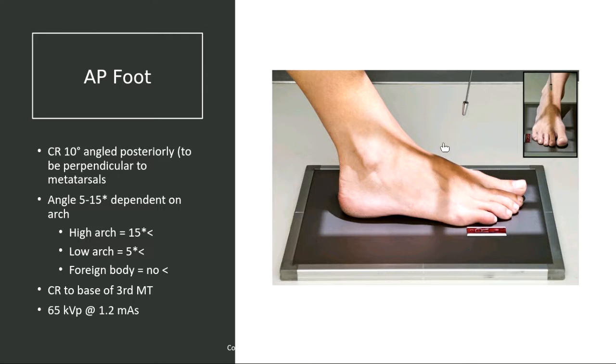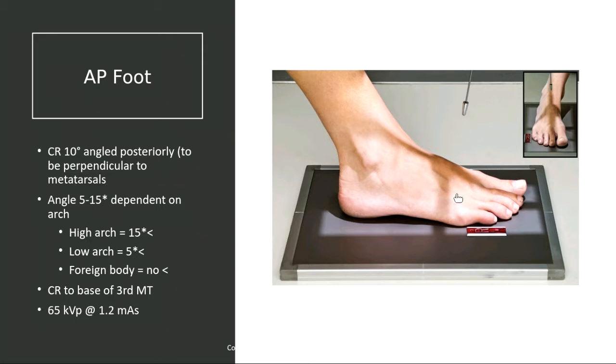You'd actually want to look on the medial aspect and see the patient's foot as to how high the arch is. If they have a really high arch, then you're going to need to angle 15 degrees posterior. If they're pretty much flat foot, then you're only going to angle about 5 degrees posterior. Okay, because the reason you're angling either 5, 10, or 15 is to be perpendicular to the metatarsals.